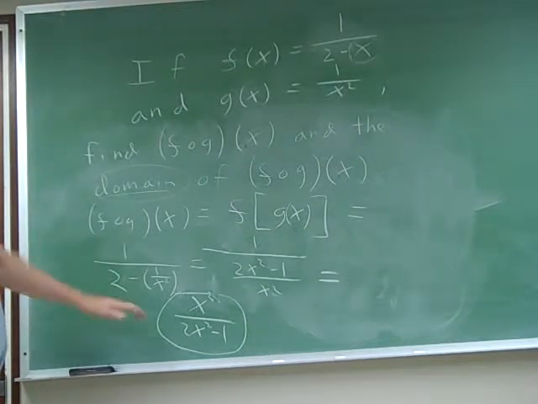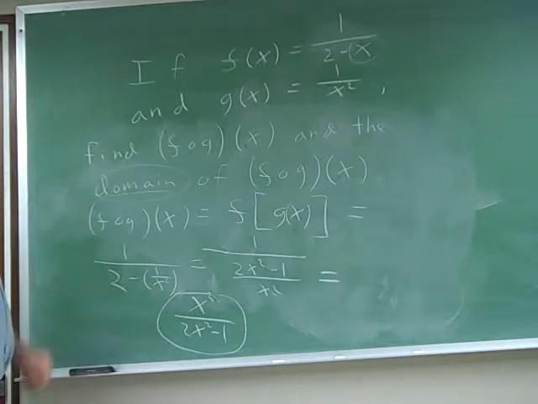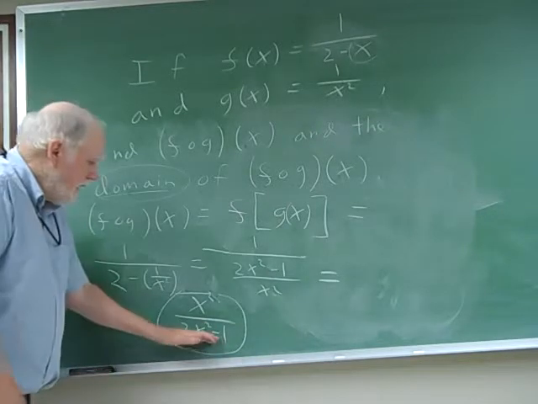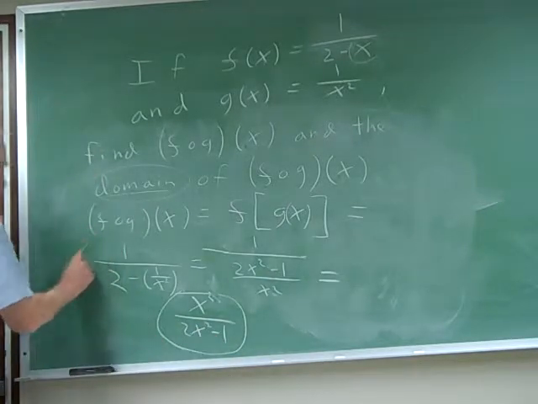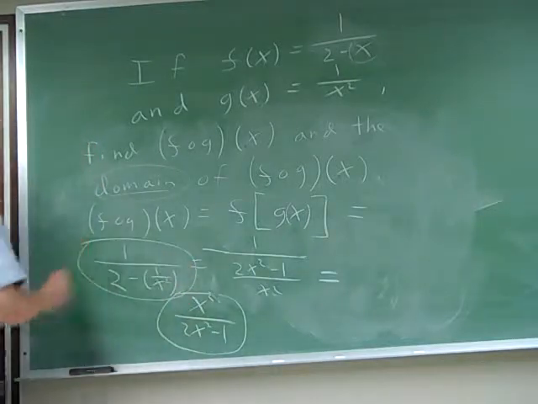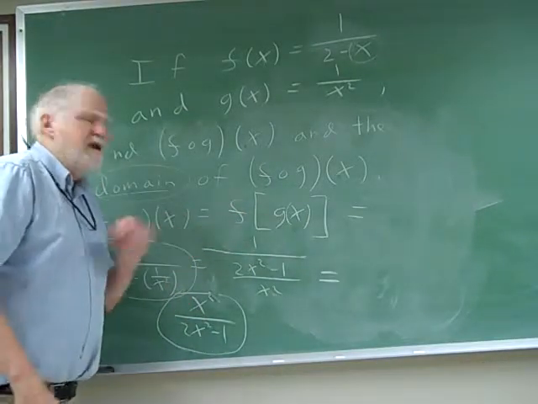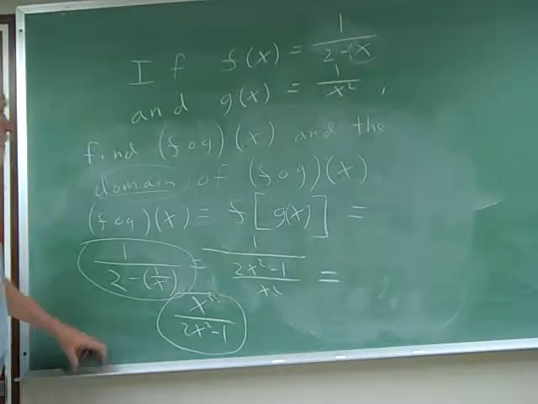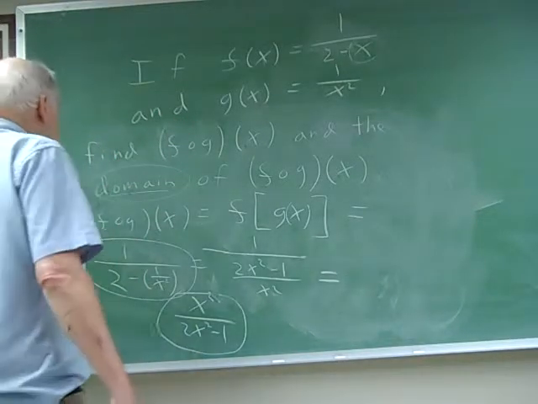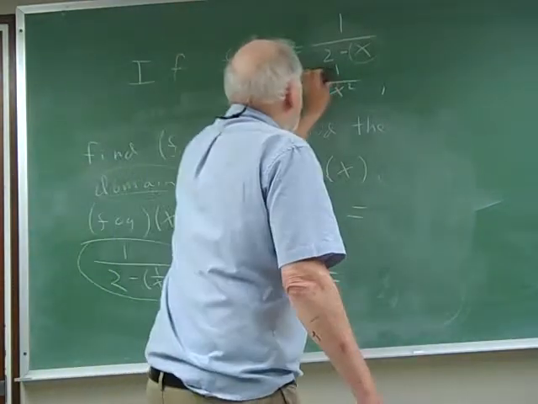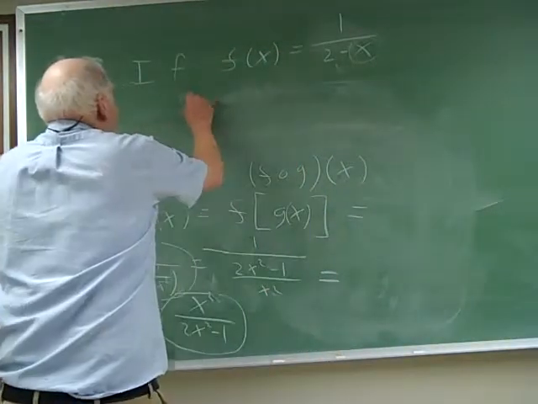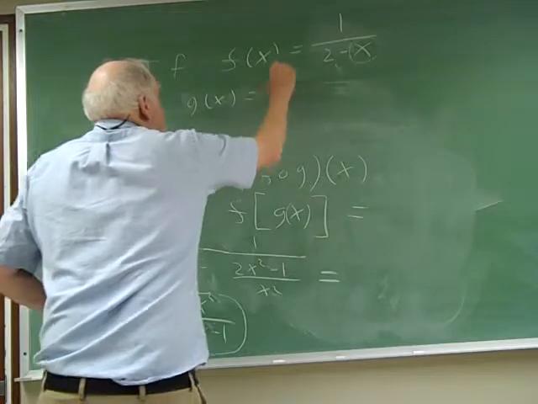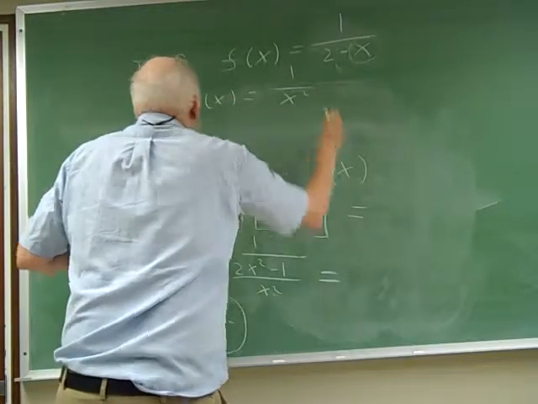And the easy way to find the domain of f of g of x is not to look at this, but look at the point where you first put g inside of f. And this is fairly easy to analyze, and I'm going to erase all this. I want to keep g of x equals 1 over x squared up there.